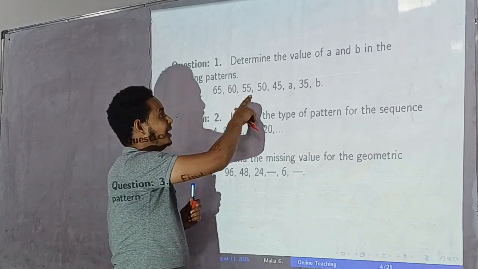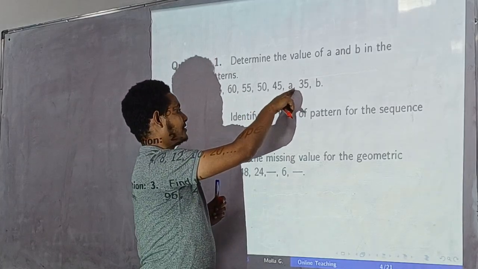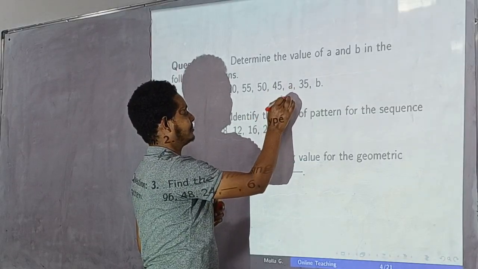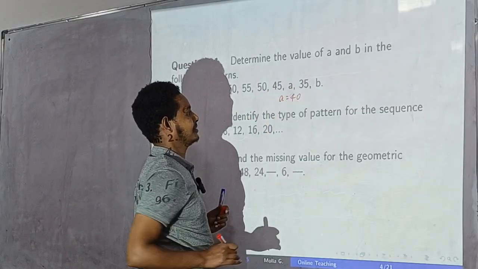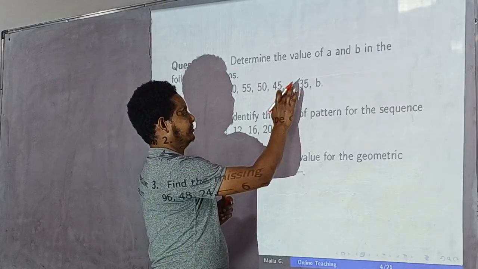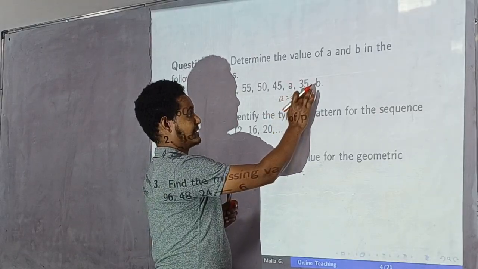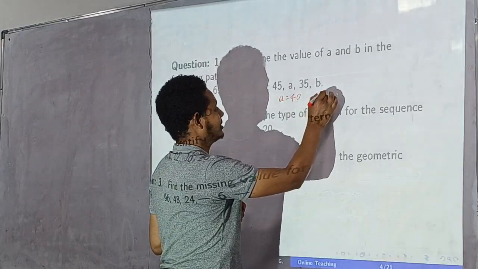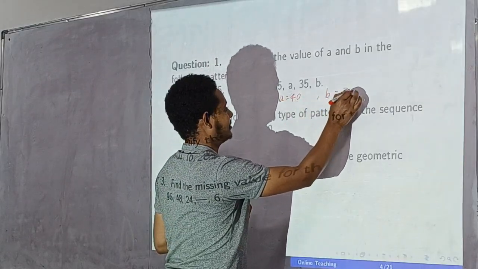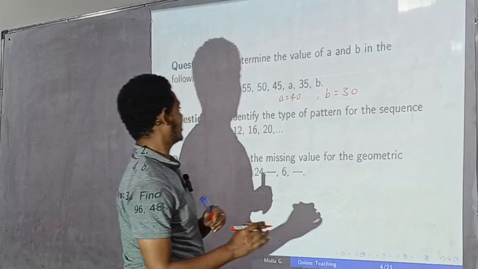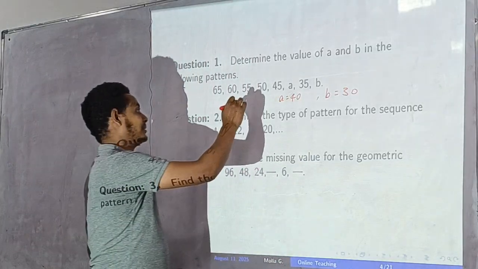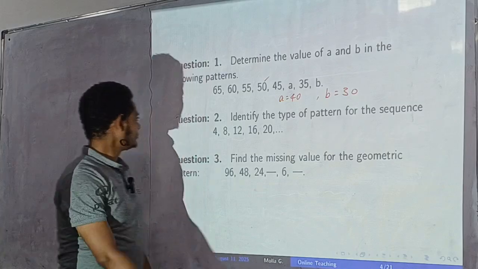In this way, subtracting 5 from 45 will be 40. Then A is 40. And B: 40 minus 5 is 35, 35 minus 5 is 30, so B will be 30. This is how we can do it, and this type of pattern is an arithmetic pattern, the first one.